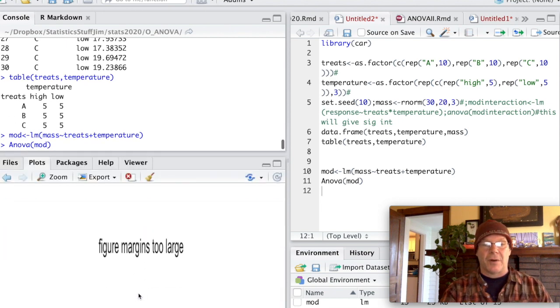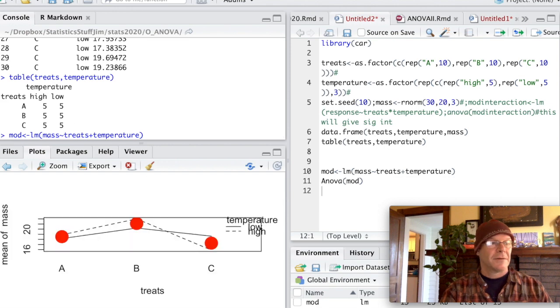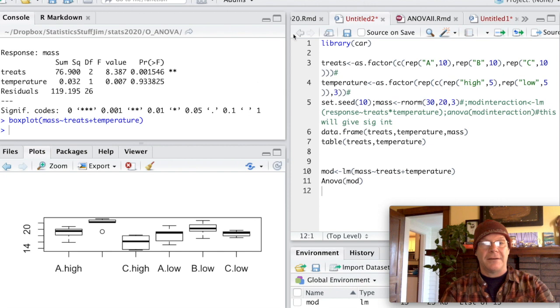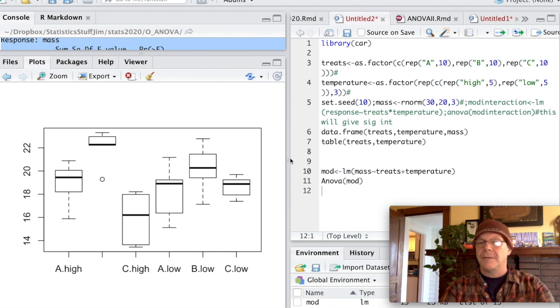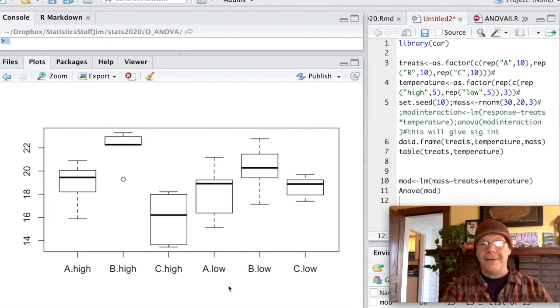So I'm going to just throw up some plots here. Let's see here. I'm going to make a box plot. And we will open this window up a little bit more. Okay, and so here's my treatment A, B, and C on the high temperature group, and here's treatments A, B, and C on the low temperature group.